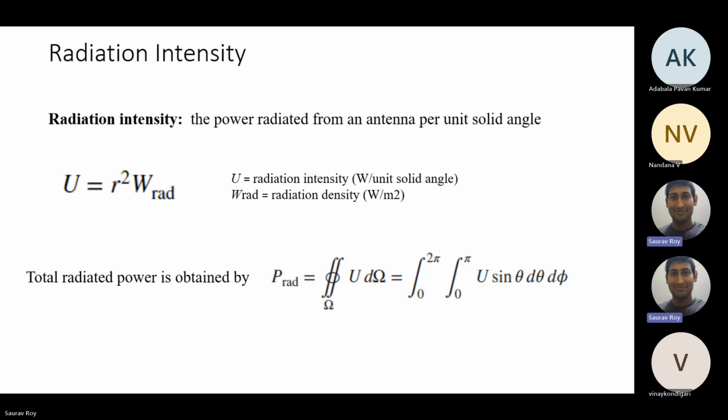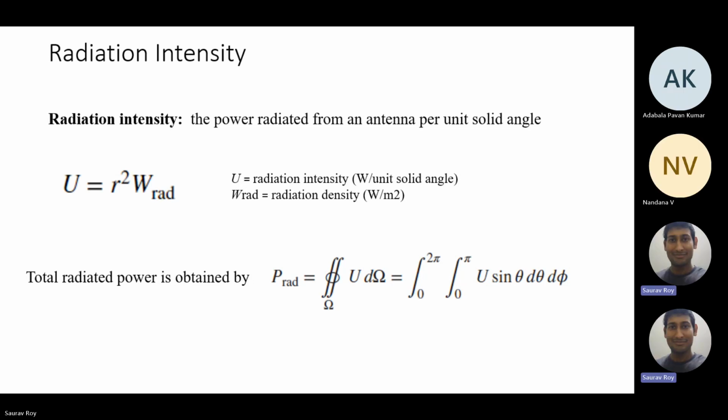Next is radiation intensity, which is mainly used over the power density. So there are two concepts: one is radiation density, another is radiation intensity. Radiation density was power radiated per unit area, and here it is defined as power radiated per unit solid angle. That's the difference between them.